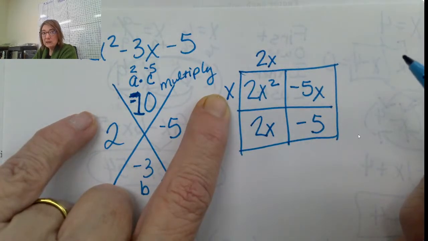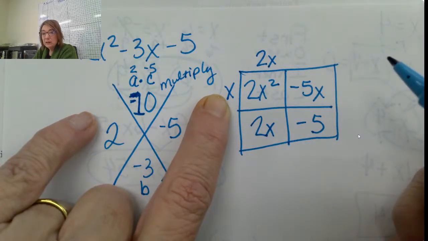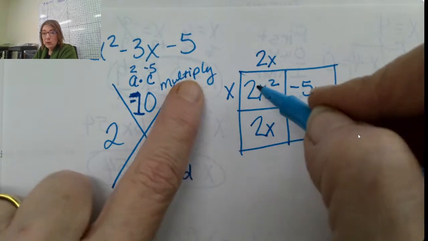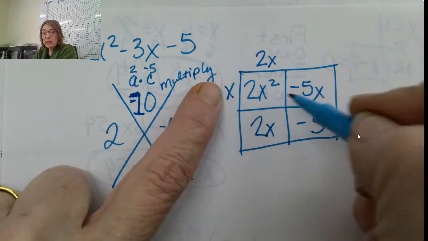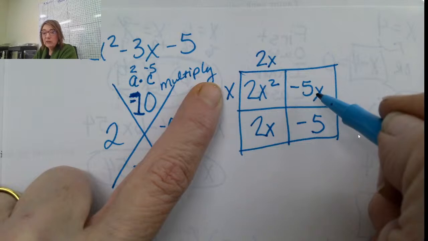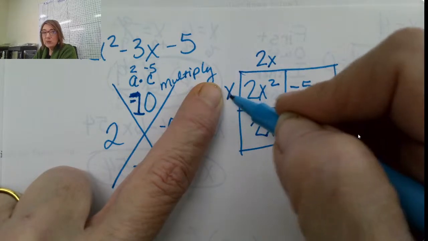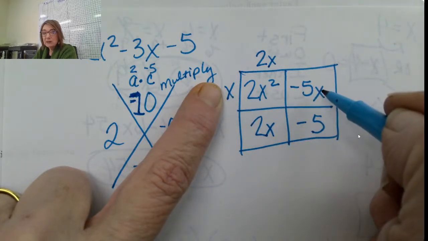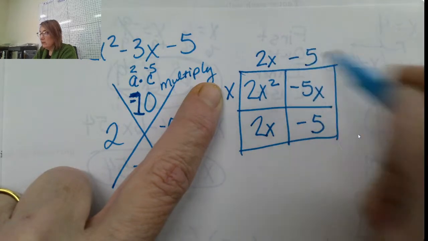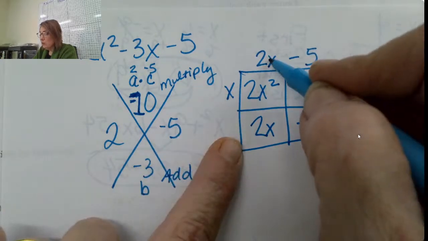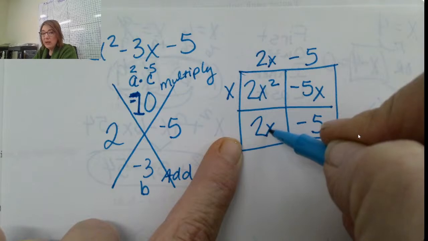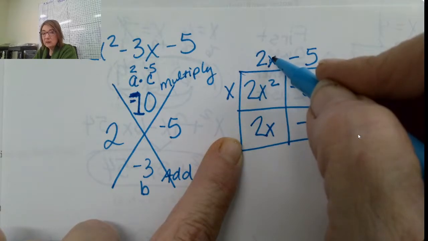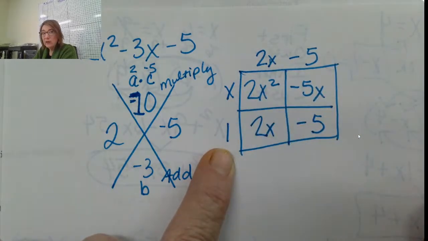Does that make sense? Now, what would we multiply x by to get negative 5x? So we put negative 5 right there. What do we multiply 2x by to get 2x? 1. So a 1 goes right there. Y'all following me?